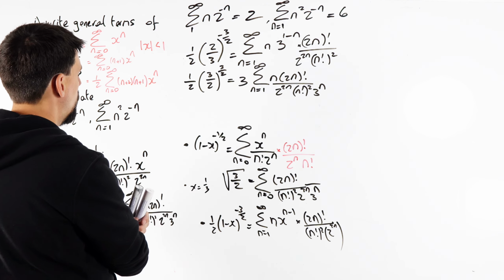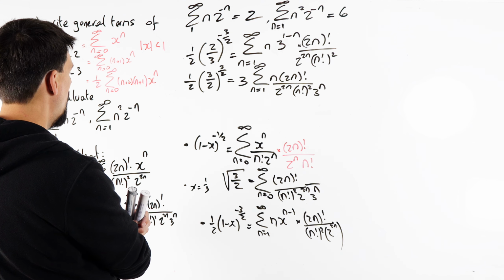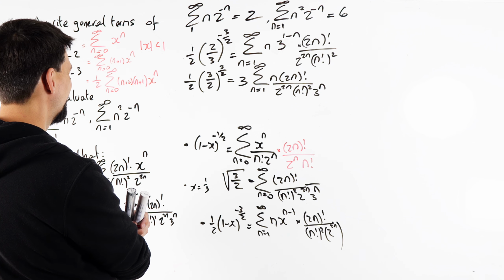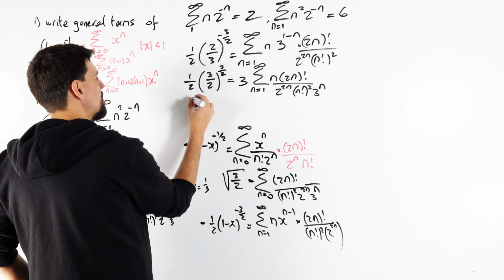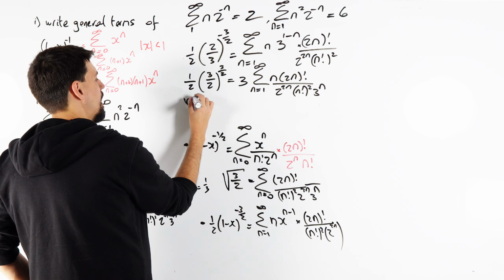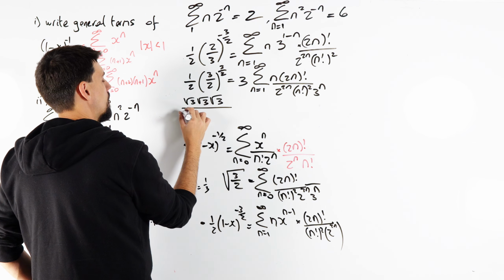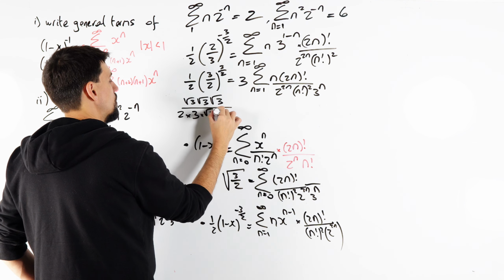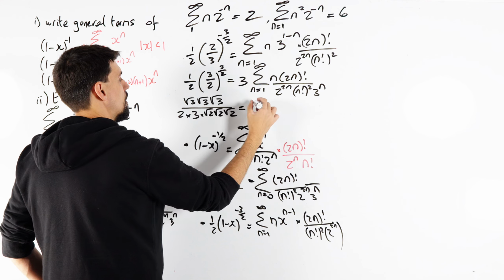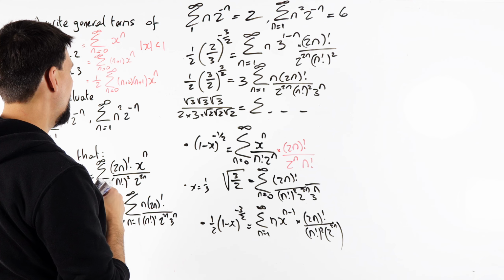Can we tidy that up a bit? I mean, probably. I'm actually just going to, that is root 3 over 2 times 3 times root 2. All right. Now, does that cancel anything nice?